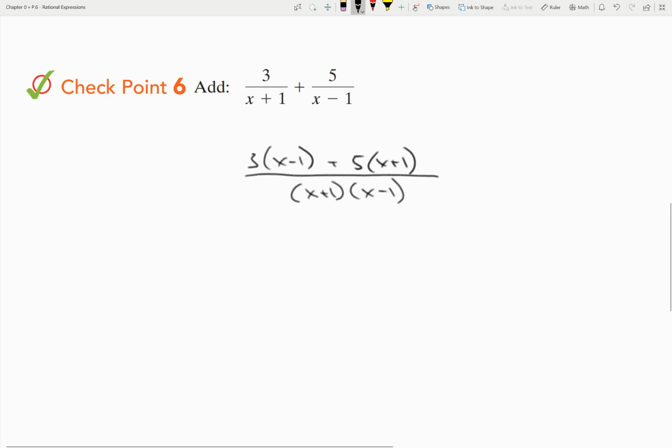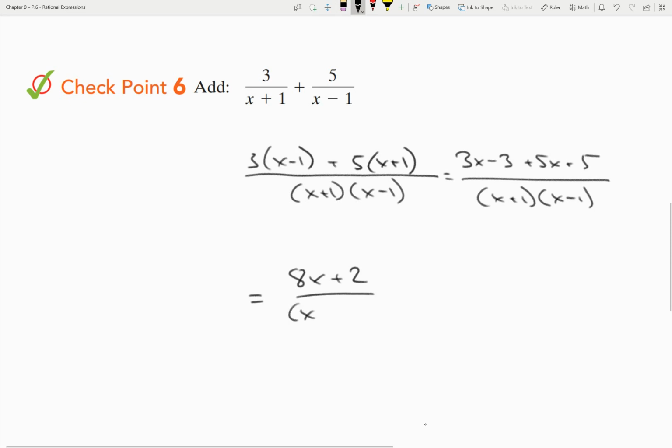A little bit easier here because we don't get a quadratic. So that's 3x minus 3 plus 5x plus 5 over x plus 1, x minus 1. And then we have 8x plus 2 over x plus 1, x minus 1.